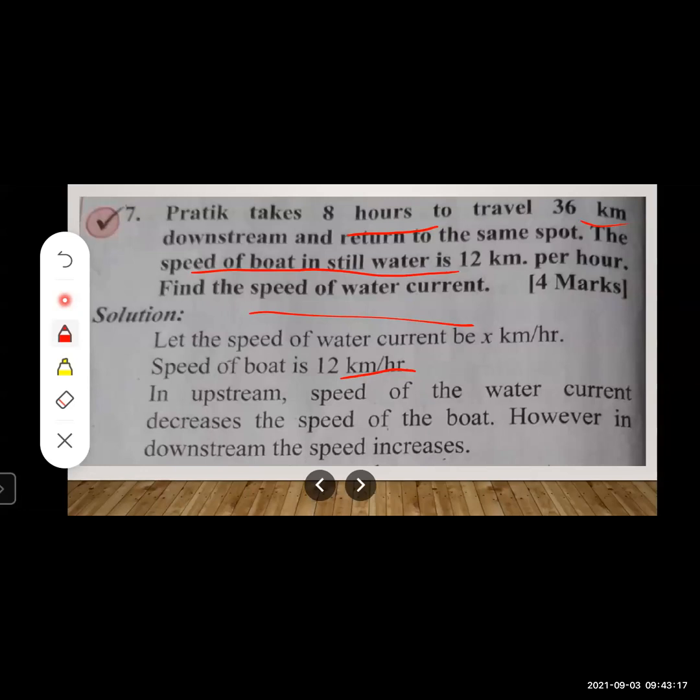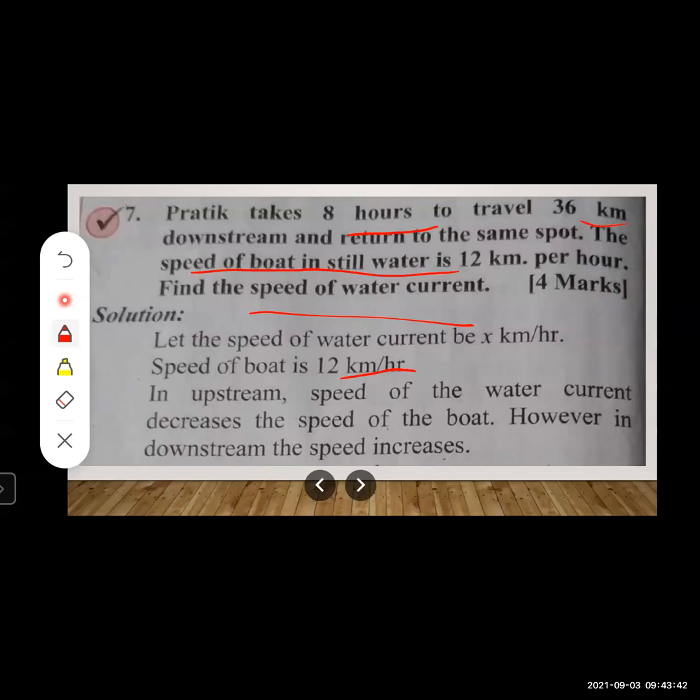When you throw it up, it is going against gravity, so obviously the speed of the ball will decrease, right? But when it comes down, because of the effect of gravity, the speed of the ball will increase. The same law we have to apply here. While coming down in a downstream, the speed of the boat will increase, right?